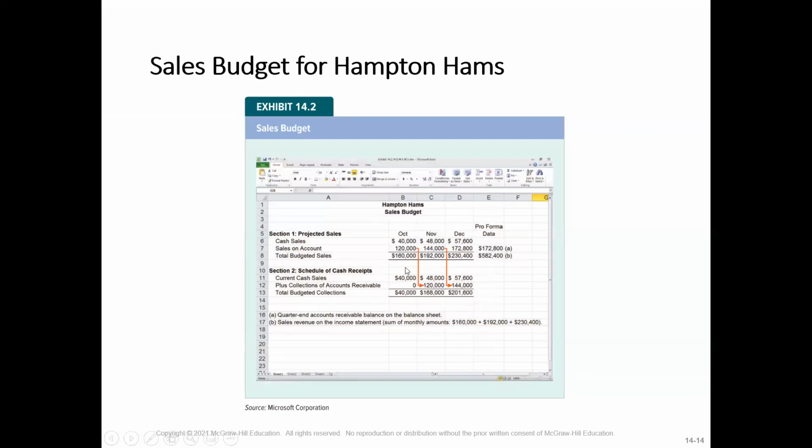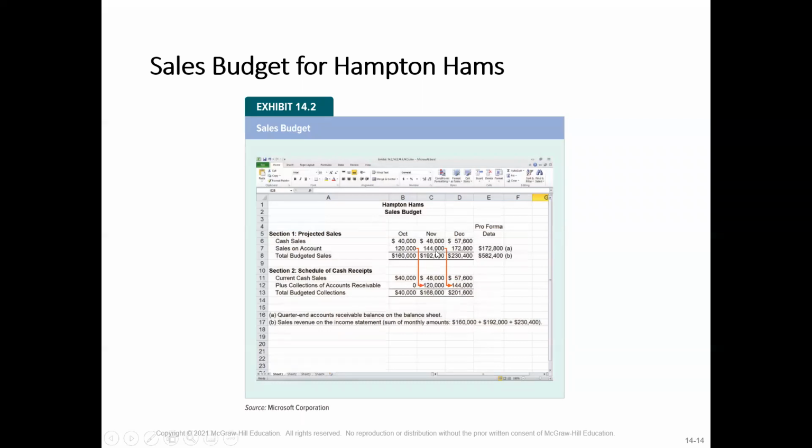So the schedule of cash receipts, we're looking at the cash we received from October, November, December. The assumption is that the accounts receivable balance at the end of one month is collected entirely by the end of the following month, as is the cash receipts from that month.